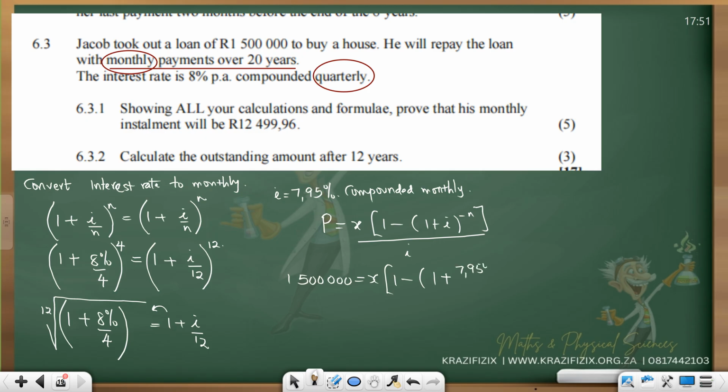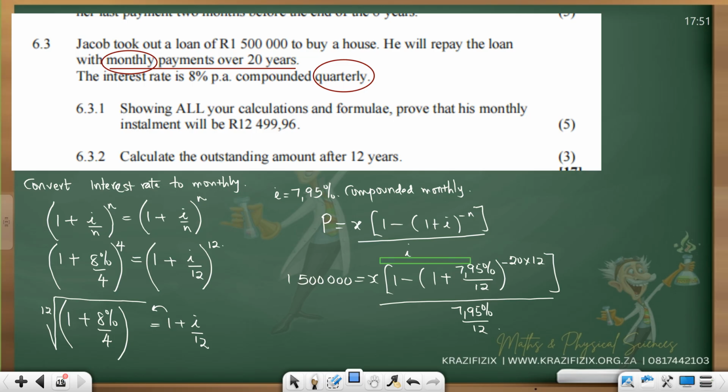Our interest is now 7.95, no longer 8, over 12. We are looking for, it's 20 years. All right, so 20, but every month. So that's times 12 over 7.95%.